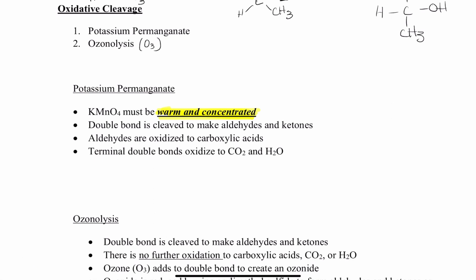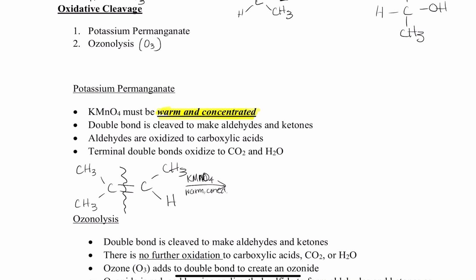So for example, oxidative cleavage, you kind of have to look at it as a puzzle with puzzle pieces. With our warm and concentrated potassium permanganate, it has to be warm and concentrated. So step 1 is we cleave our double bond in half.